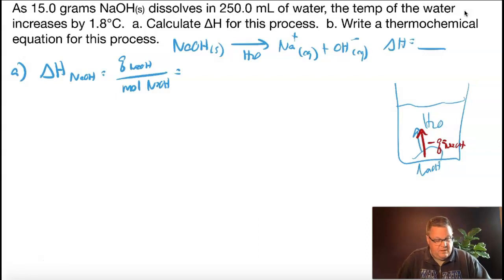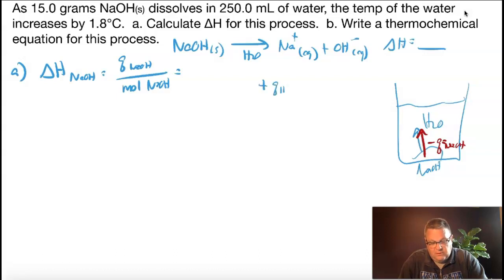All right, so let's see. Q NaOH, this is the trick that we're going to do again. We cannot measure Q NaOH directly. We don't have a specific heat for NaOH. We don't have a change in temperature of the NaOH. We have a change in temperature of the surroundings. And so our trick that we're going to use again and again and again is we're going to say this.